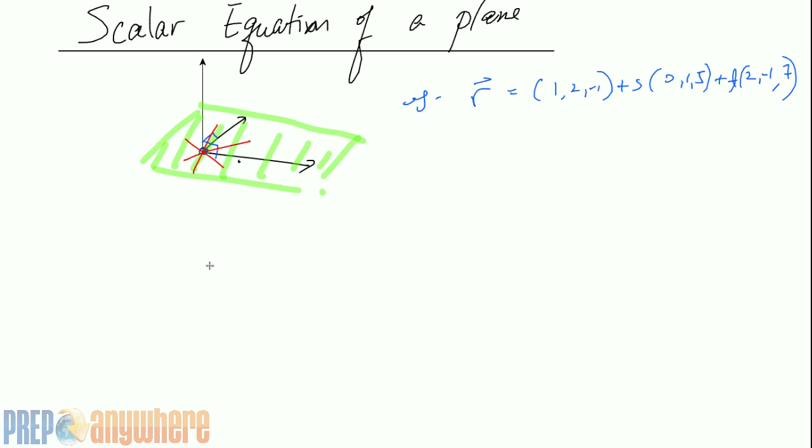Then we can say what a particular point is on this plane. Again, we call this the normal vector, normal to the plane this time. If this vector right here is perpendicular to this normal vector, then it's on the plane.